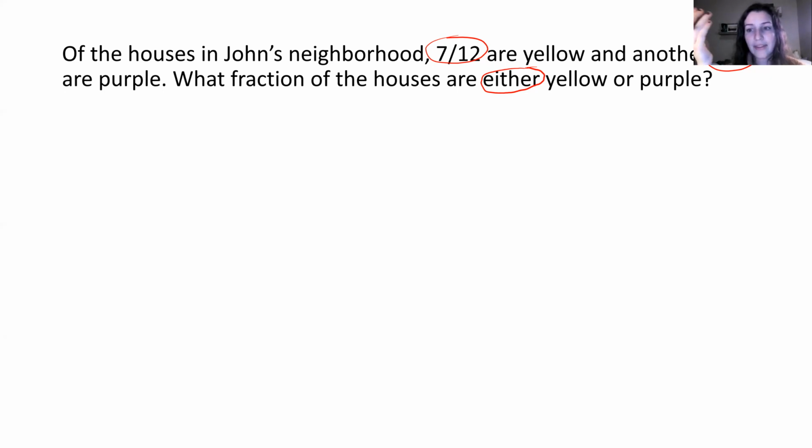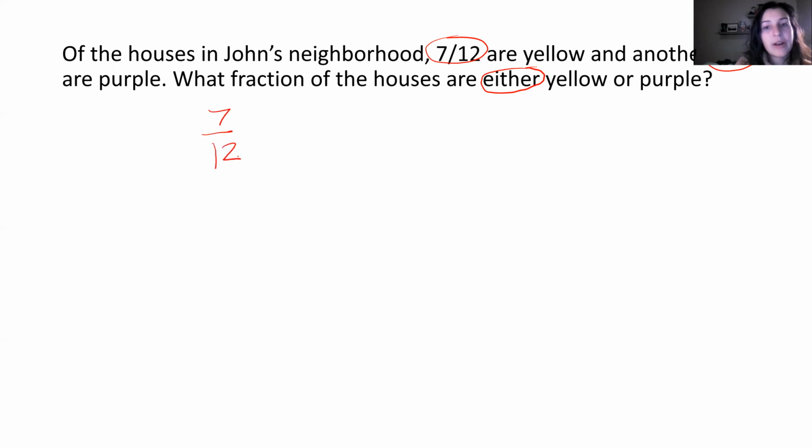So you can add them together to find out of all the houses which are yellow and purple. We don't know what the other colors are, but we'll find out what percentage are either yellow or purple and what percentage are not. So either implies, in this context, addition.